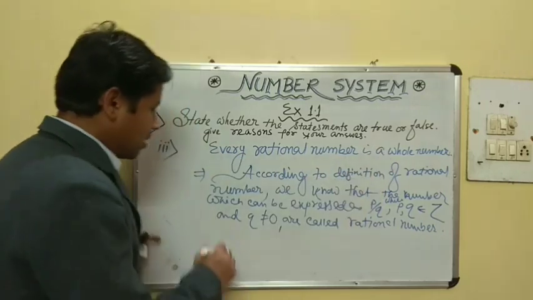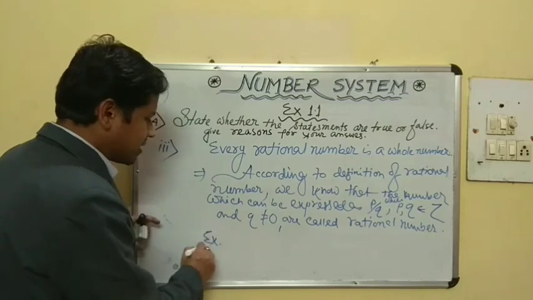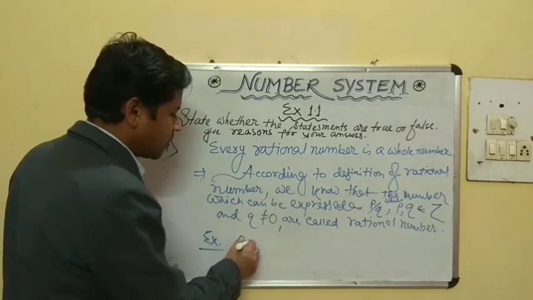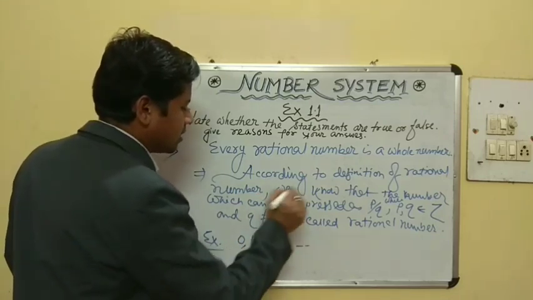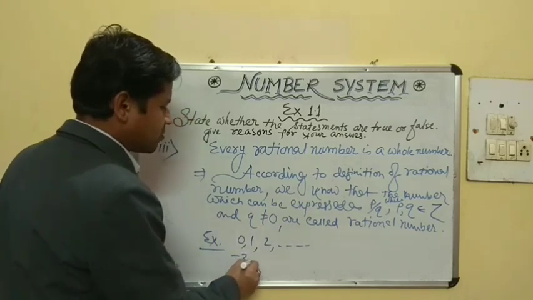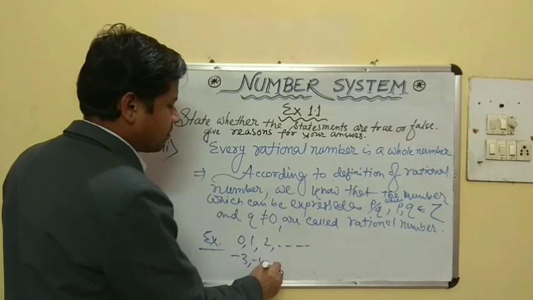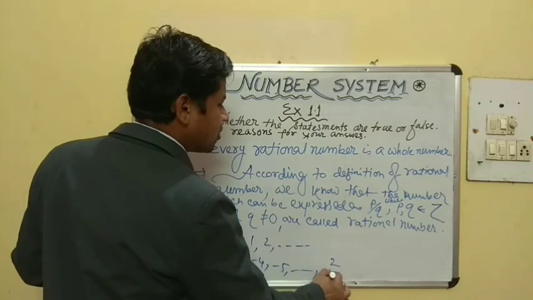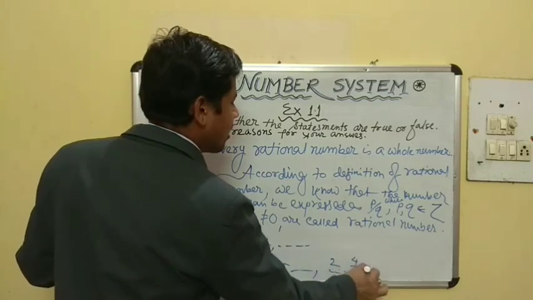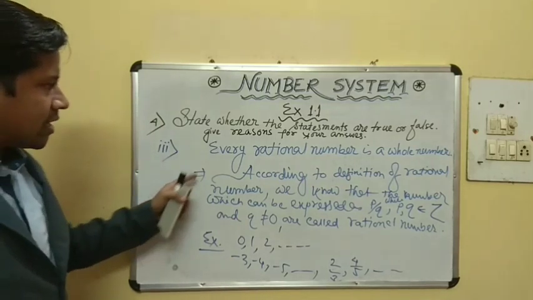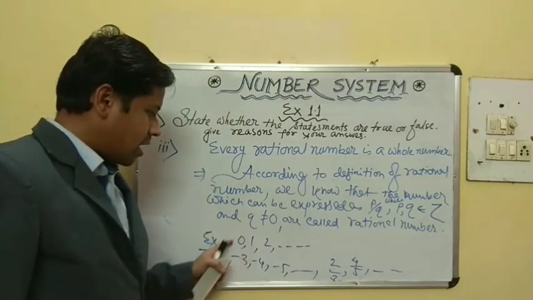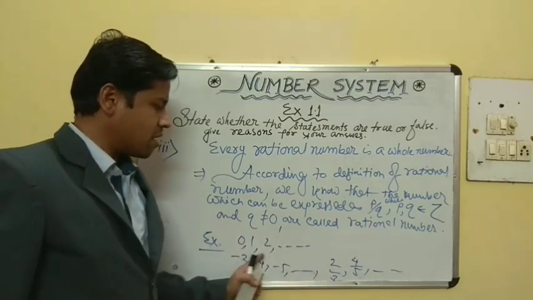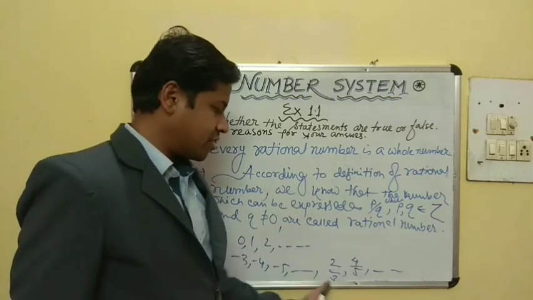If we want to give some examples, you may give 0, 1, 2, this type of numbers. You may give -3, -4, -5, and so on. You can give 2 by 3, 4 by 5, numbers like these also. That means rational numbers may be whole numbers, may be negative integers, may be in fractional form.